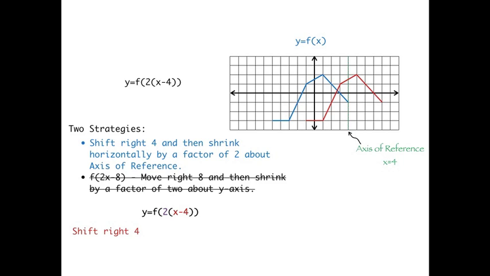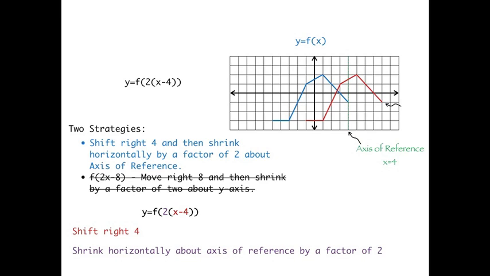Since we've moved the function first before scaling, we need to remember to keep this axis of reference as the way that we do our scaling. Since we have a 2 inside our input, it'll be a horizontal scale, and horizontal scaling works kind of the opposite of our intuition, so a 2 will actually shrink our function.